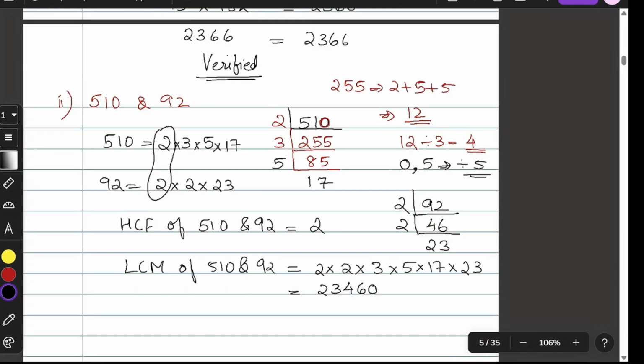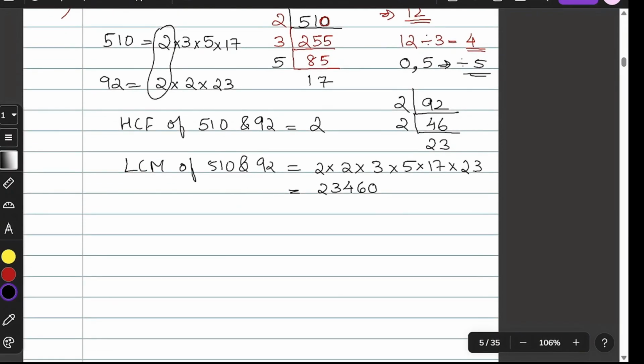Now my next step is verification. How to verify? LCM into HCF should give me the product of both the numbers. What's my LCM here? 23,460 into HCF, which is 2.